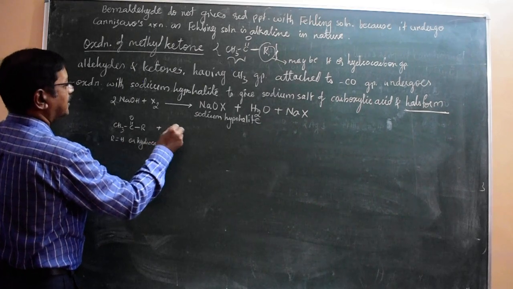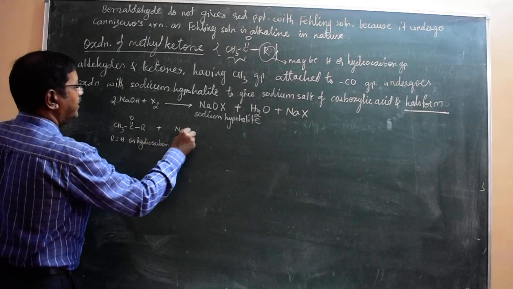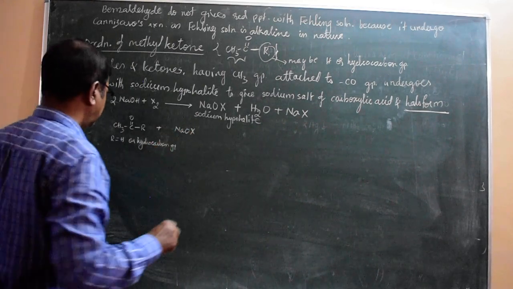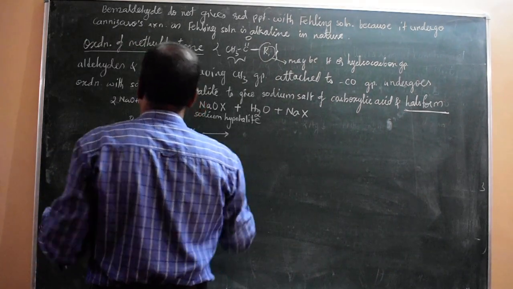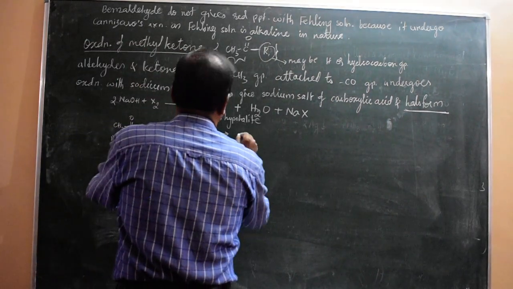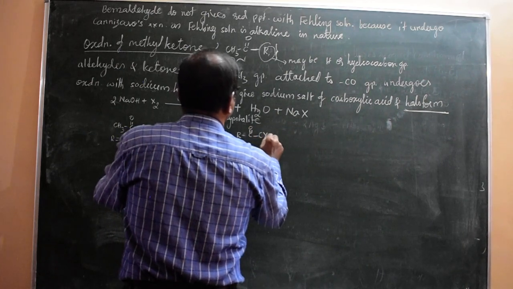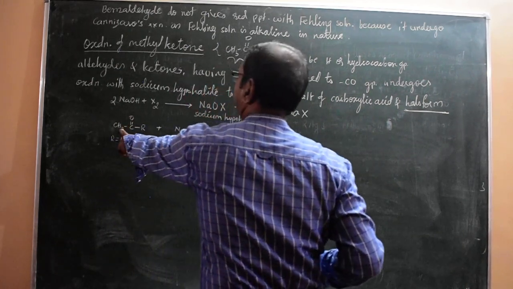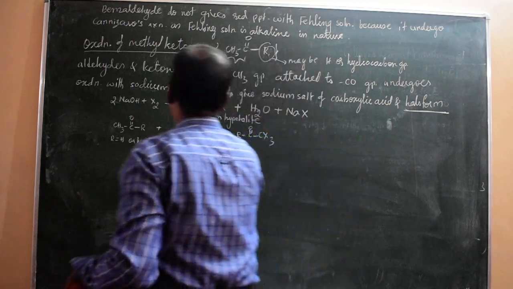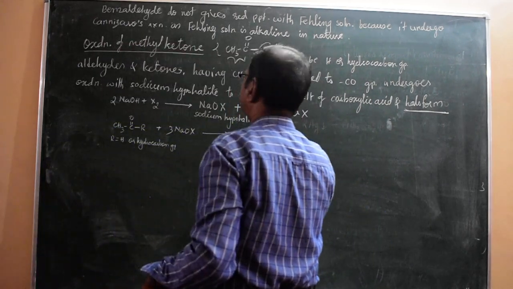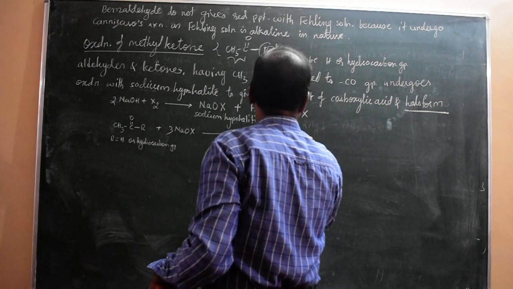Plus NaOH. So you are getting R C double bond O CX3. This is important. H is replaced by X, plus 3 NaX.